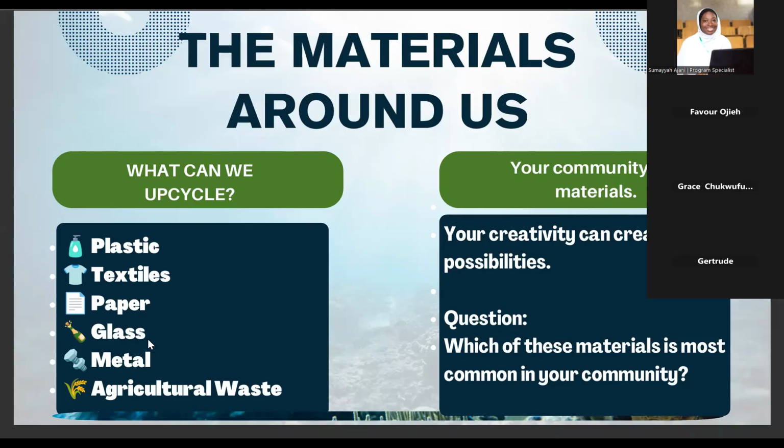Then textile could be upcycled into artwork. Textile could be recycled into tissue paper. Then we get to paper. Paper could be upcycled into artwork too. And paper could also be recycled into, let me say, a process in the production of a chair.